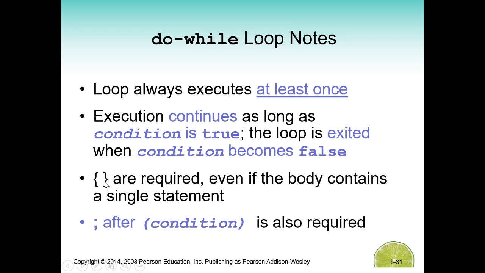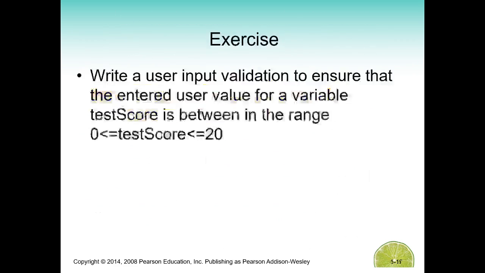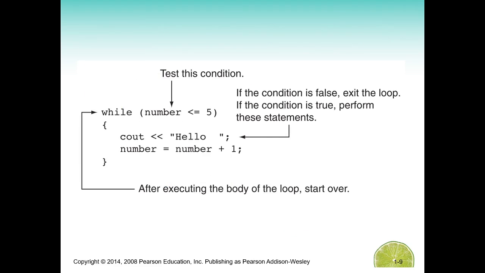It also requires the open and close brackets. These are the two brackets here. We need to have them even if we have only one statement. Unlike the while loop, if you remember, if we have only one statement there, assume we don't have the line number equal to number plus one, we have the option to write that statement without these two brackets.